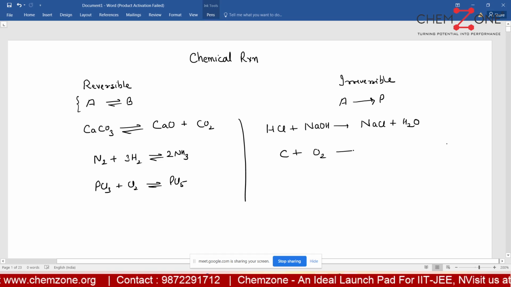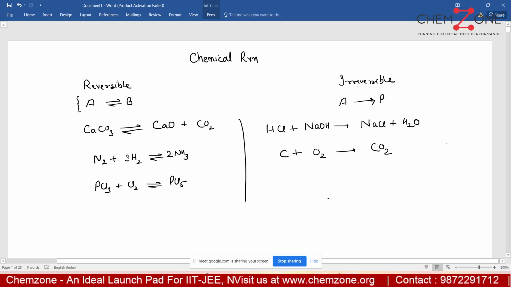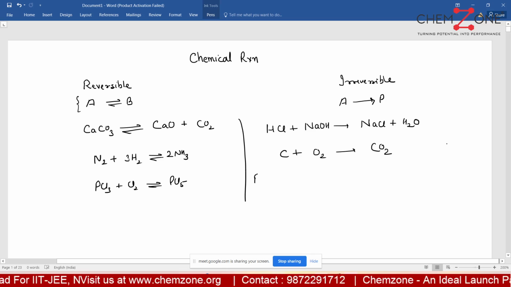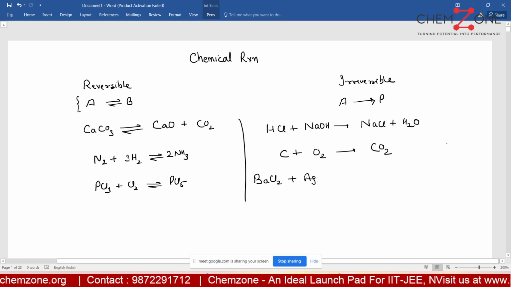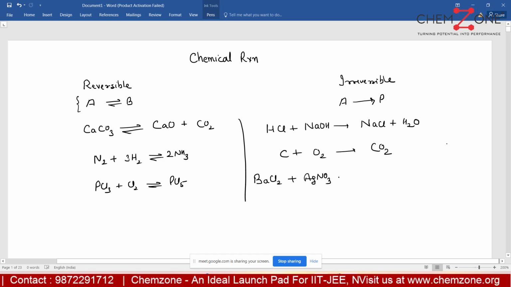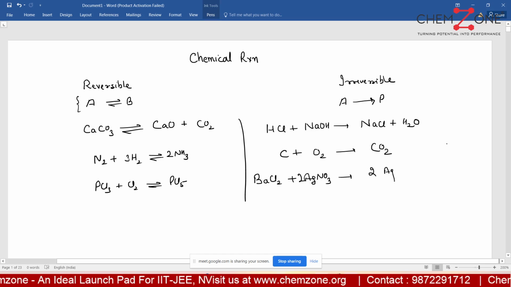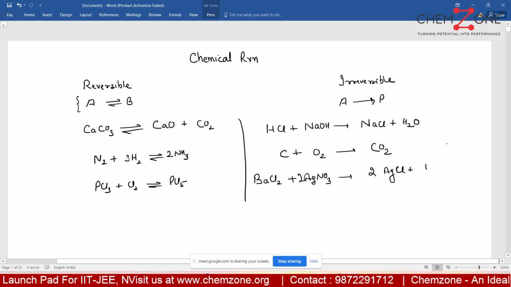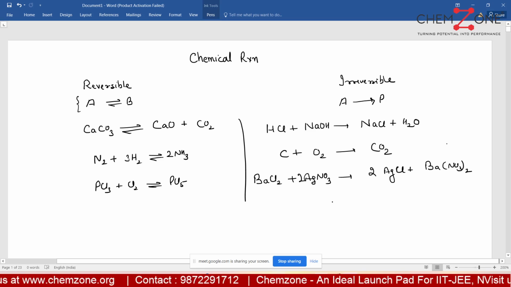Or a combustion reaction: once coal is burnt into carbon dioxide, the carbon dioxide cannot give back the carbon and oxygen. It is an irreversible reaction. Barium chloride with silver nitrate is a precipitation reaction. Once the precipitate is formed, the reaction cannot be reversed. So thousands of reactions are irreversible.